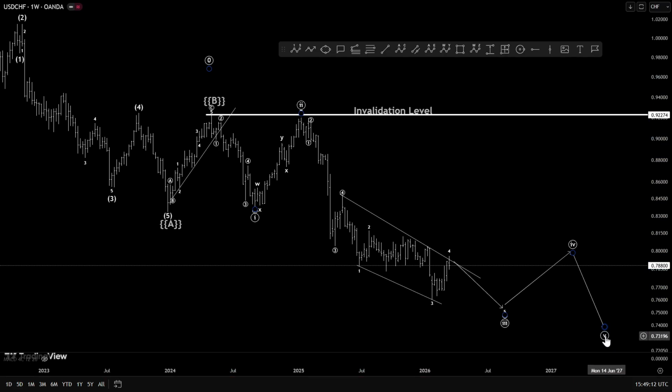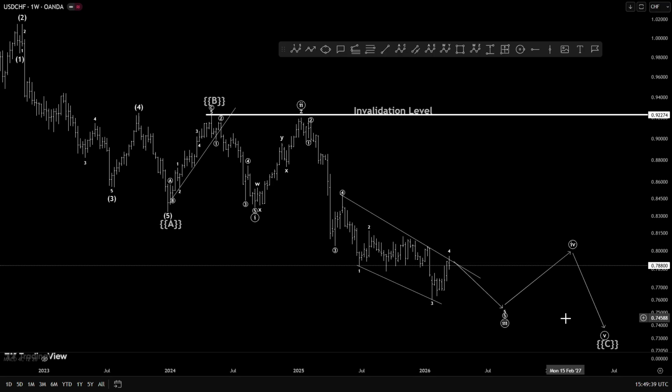And after we complete this wave 5, that is when we're going to give it its label of what? Label of zigzag pattern, which is C. Which means we are not quite done with our structure yet. This is what we're still expecting in the market.